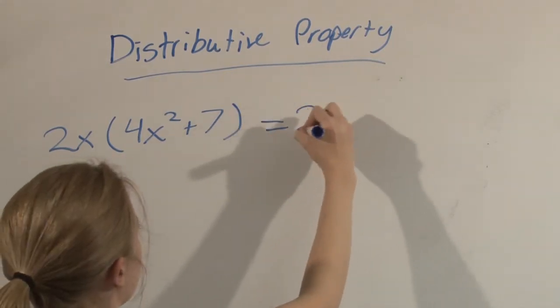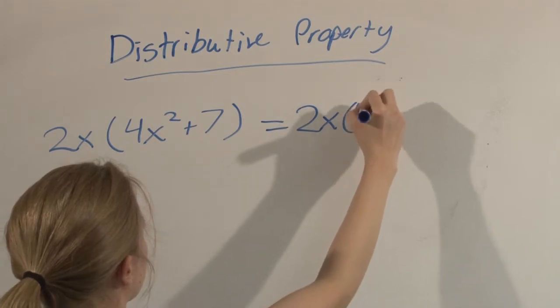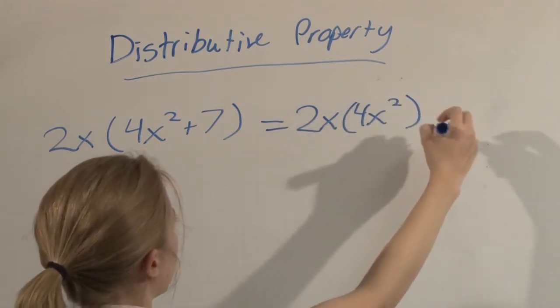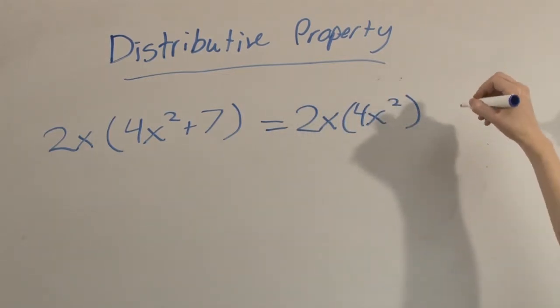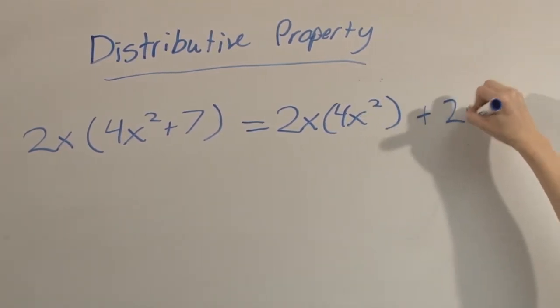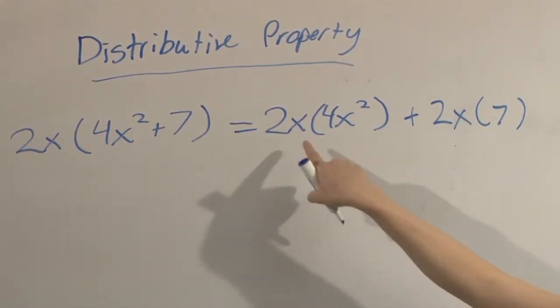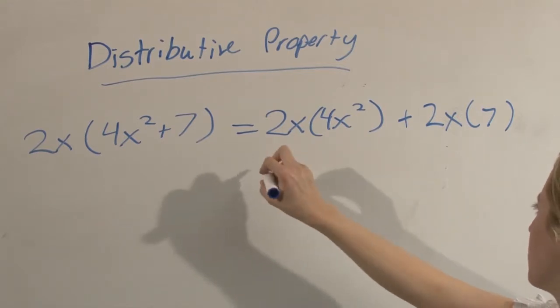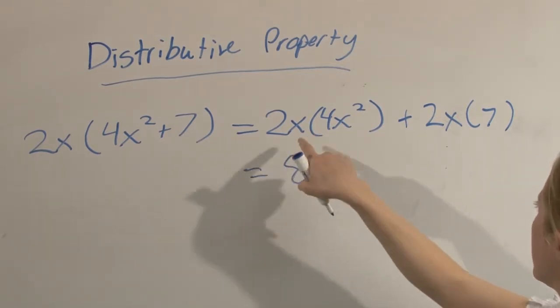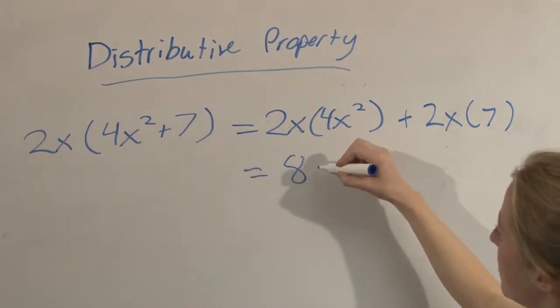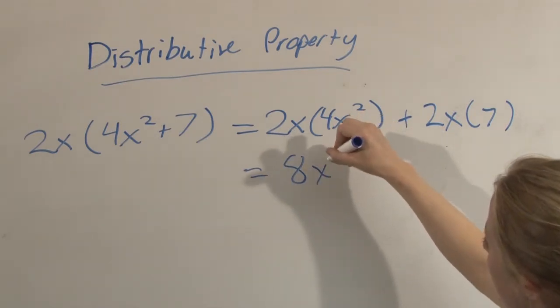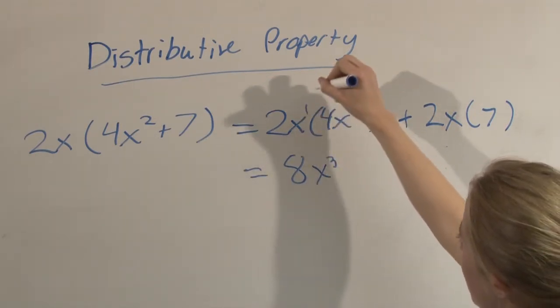So I will have 2x times 4x squared, and I'm going to have 2x times 7. So this is going to be 2 times 4 is 8, and x times x squared is x to the 3, because that's like a 1.